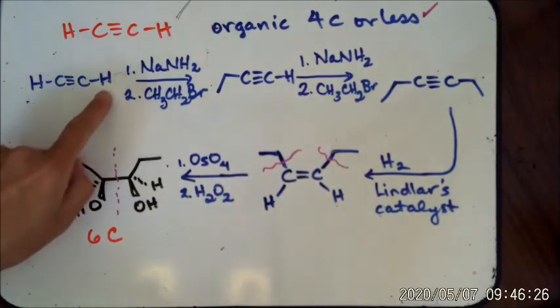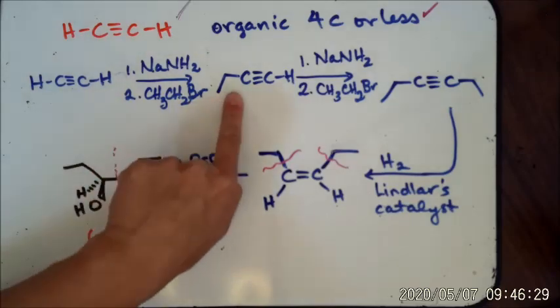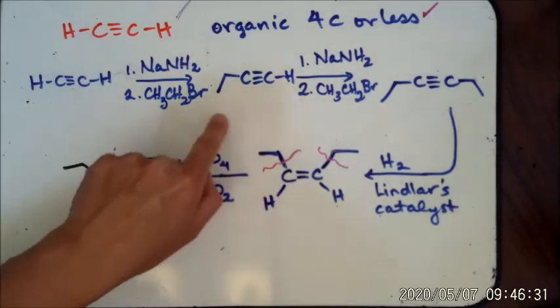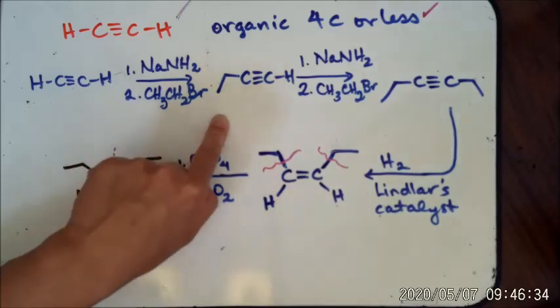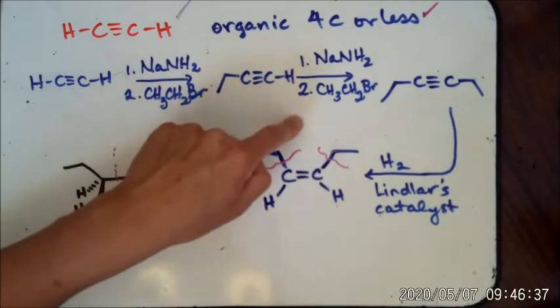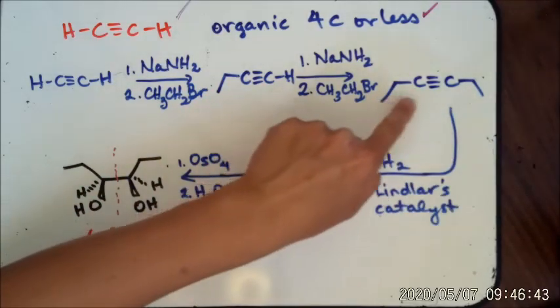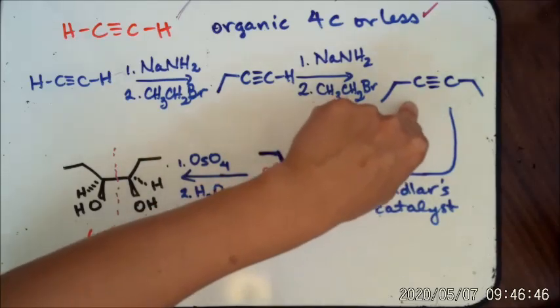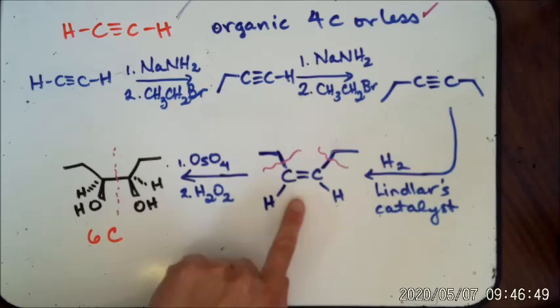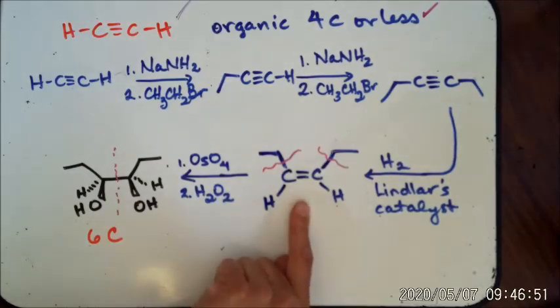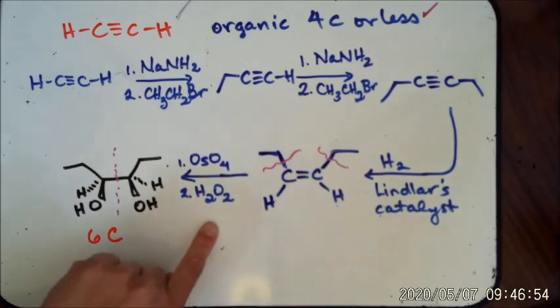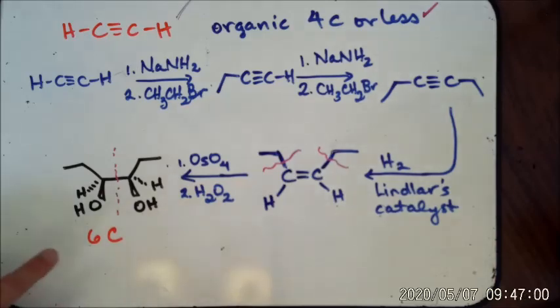But 1 equivalent, remove this one, form my 1-butyne, okay, and then subject it again. Now I have my internal alkyne. So now it's 3-hexyne. Add in Lindlar's catalyst, so I know I have a syn addition of hydrogen when I do my hydrogenation. And then basically do a syn addition again using osmium tetroxide and hydrogen peroxide to form my meso diol. Okay, so that's your retrosynthesis.